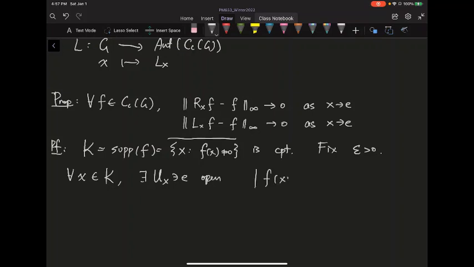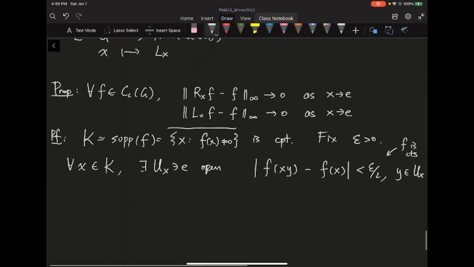If I right translate by y, then f(xy) minus f(x) is going to be small enough, let's say less than epsilon over 2, whenever y is inside this small neighborhood. This is because f is continuous.